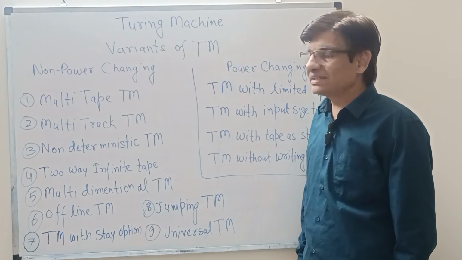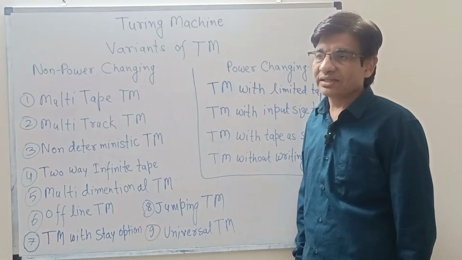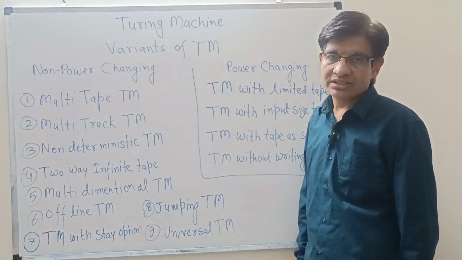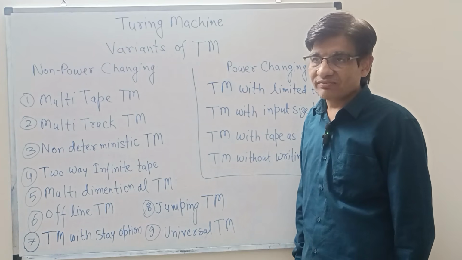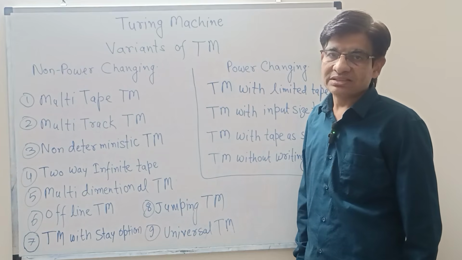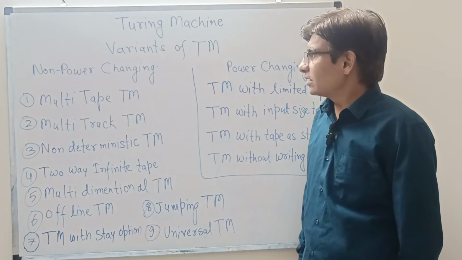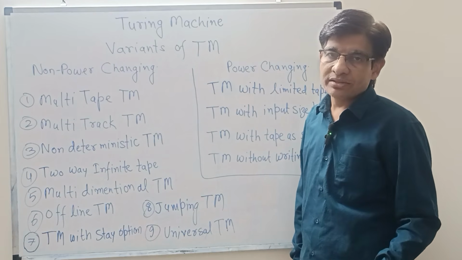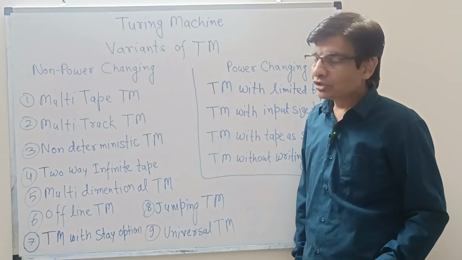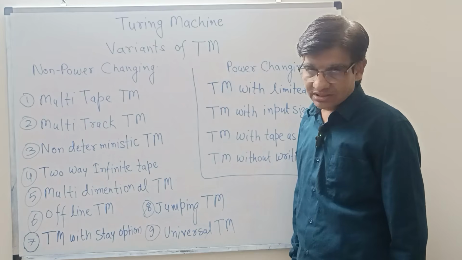Suppose a particular machine can work on 5 languages, and some different machine can work on 10 languages, then the power of the machine working on 10 languages is higher than the machine working on 5 languages. So here power means the number of languages it can recognize or it can work on. That is the meaning of power of Turing machine here.